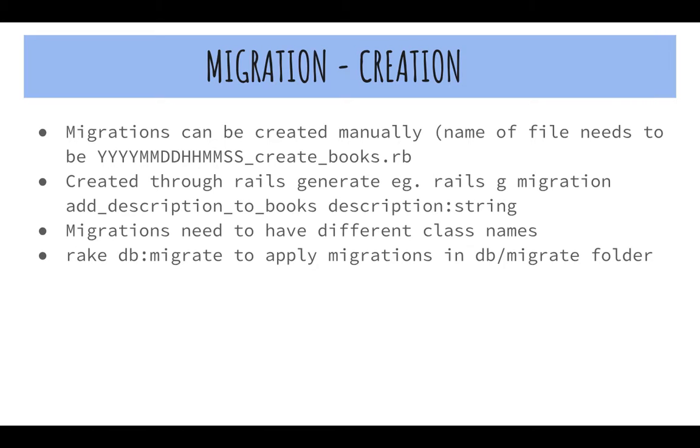AddDescriptionToBooks would be a possible name for a migration, with description:string. So we're adding a description column there. Migrations need to have different class names, as I mentioned, and we would use rake db:migrate to apply our migrations in the db/migrate folder.